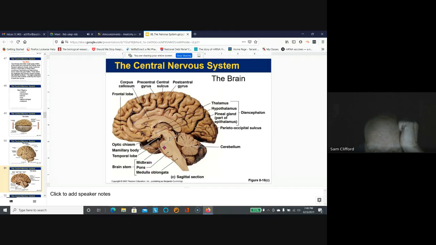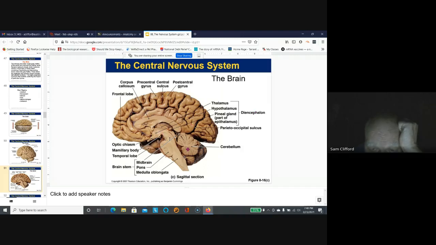We'll talk about the functions of these structures. So we have the cerebral hemispheres, the diencephalon. So here's the thalamus, the hypothalamus, and part of the pineal gland, that's the diencephalon.